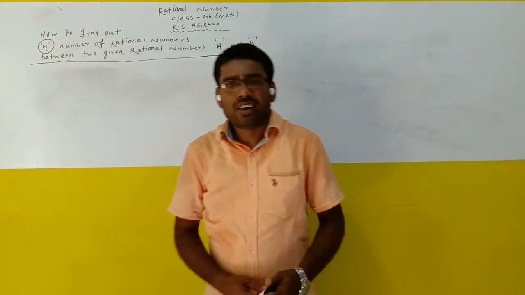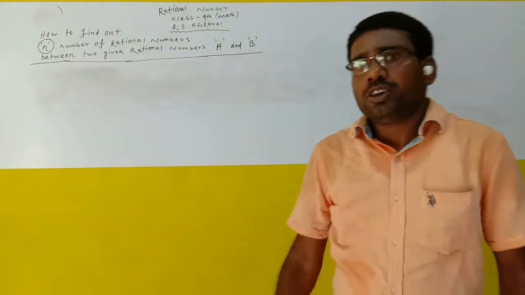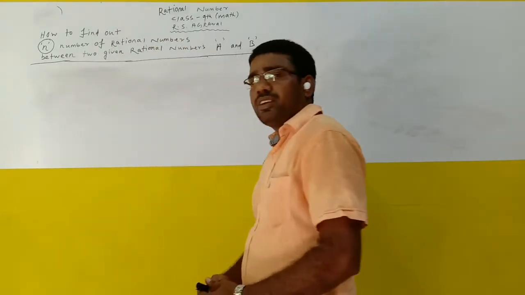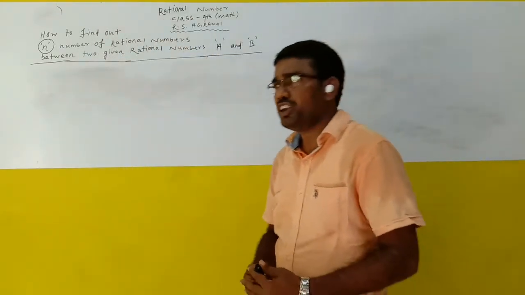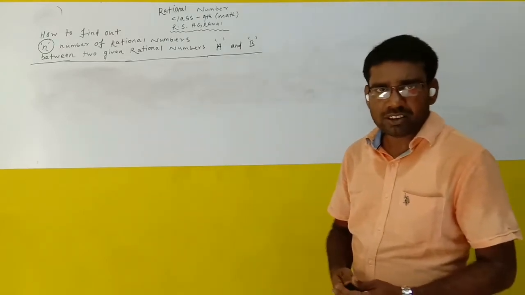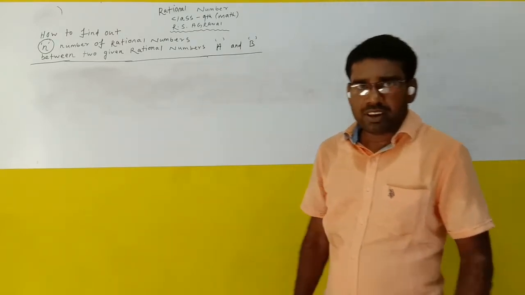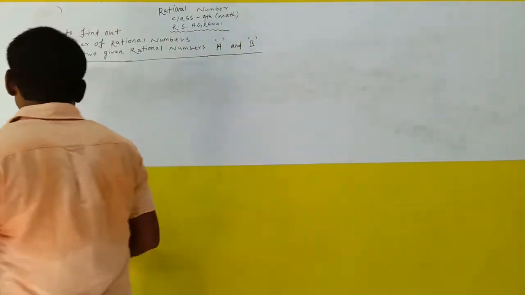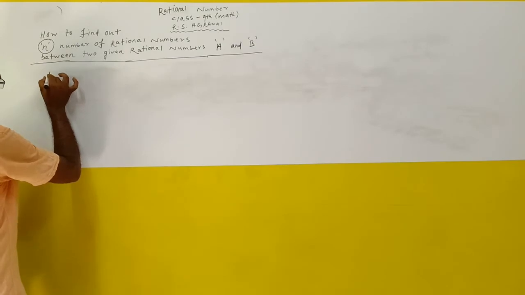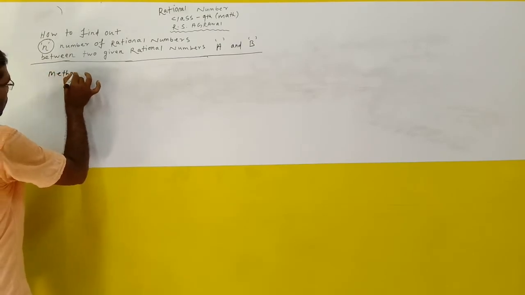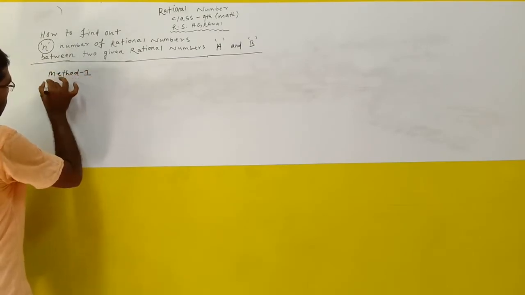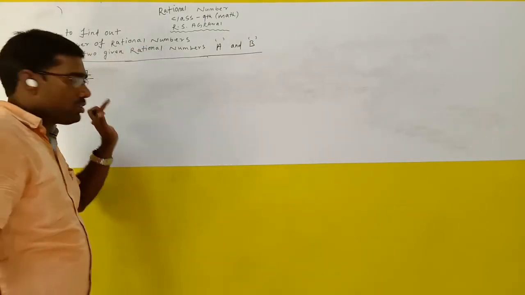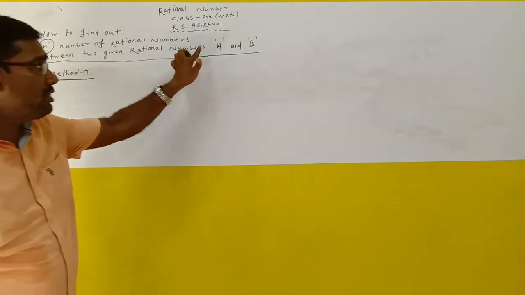Students, I had told you that to solve such type of problems there are several methods, not only a single method. Already we have discussed method 1 to find n number of rational numbers between two given rational numbers a and b.